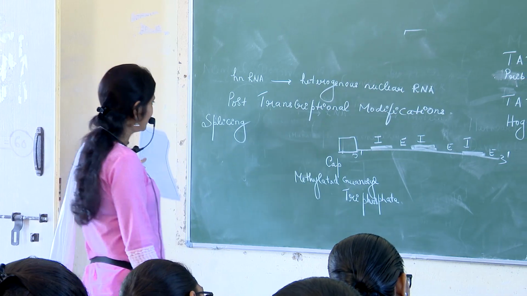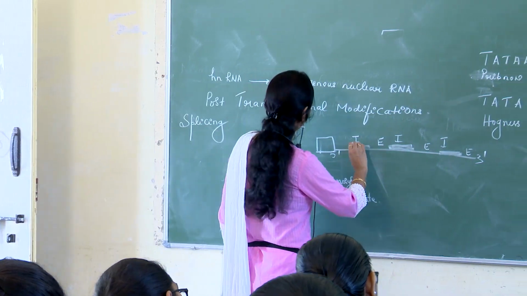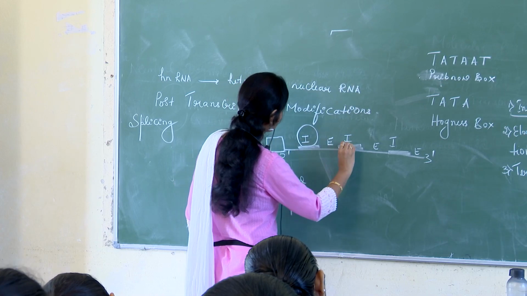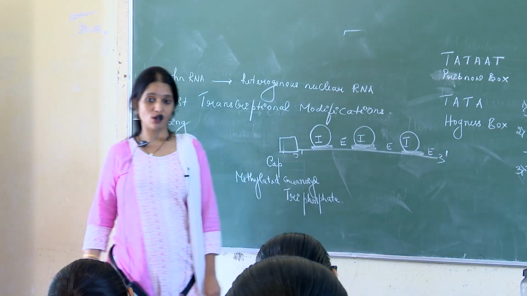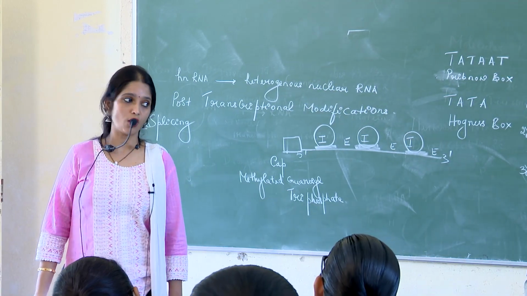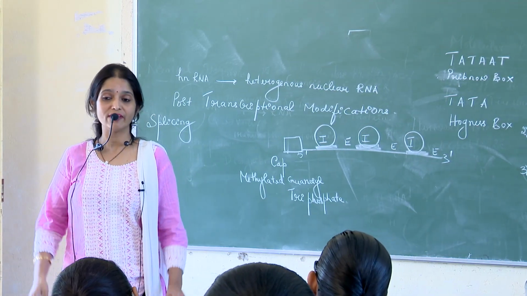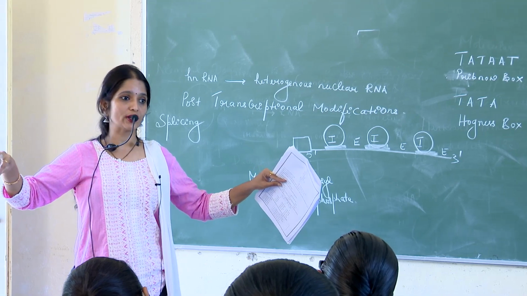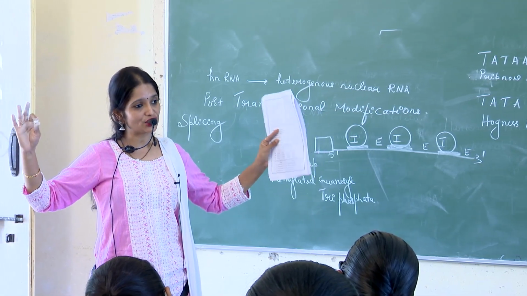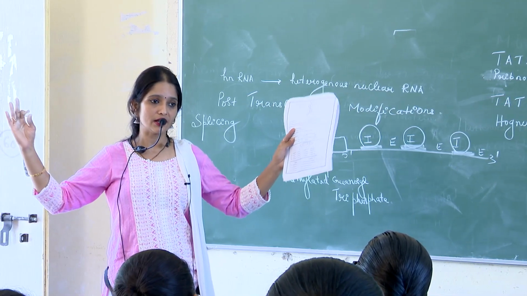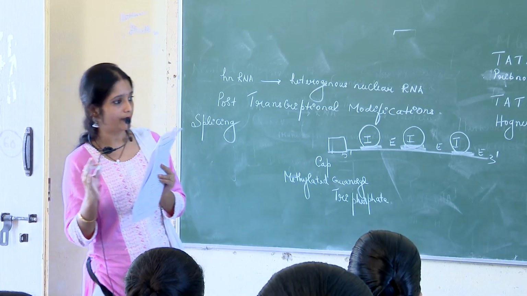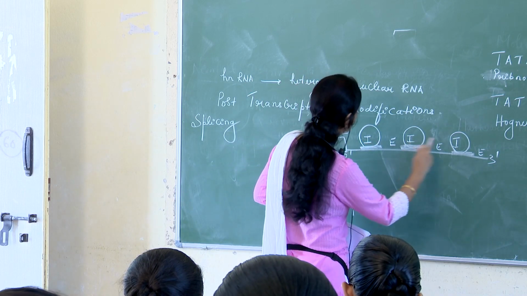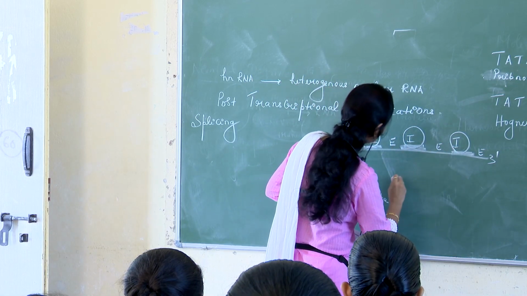So splicing is removal of introns and joining, not addition, joining of exons. And when you remove the introns, what happens? The size of hnRNA reduces. It becomes small, right? So splicing removes intron.